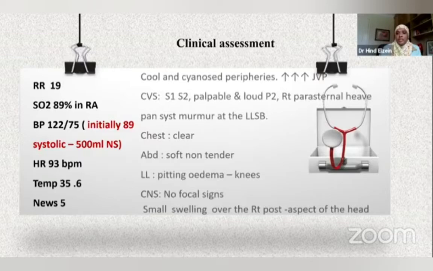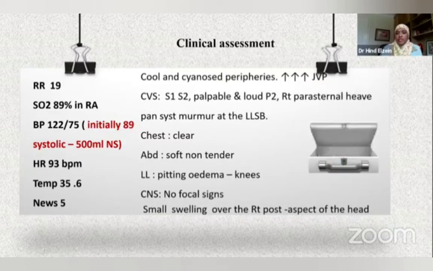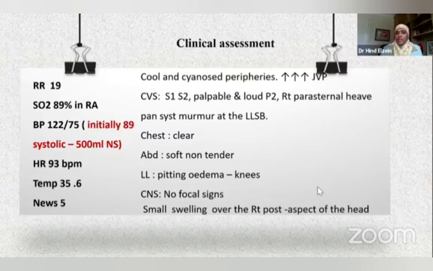On examination, she had cyanosis and cool peripheries. Her JVP was markedly raised. The examination of the precordium was interesting. She had a palpable and loud P2 with a right parasternal heave and a pansystolic murmur at the left lower sternal border.